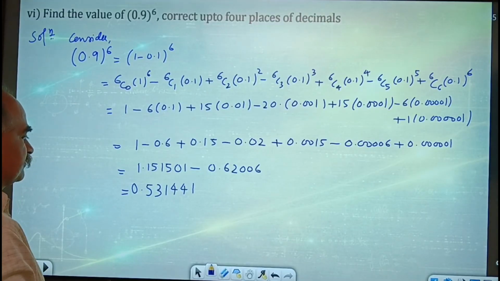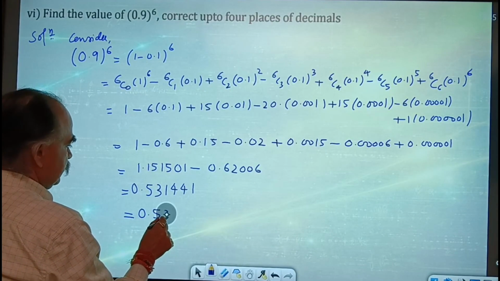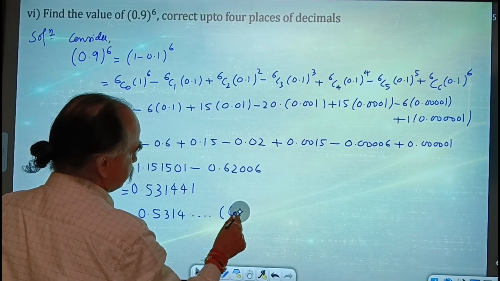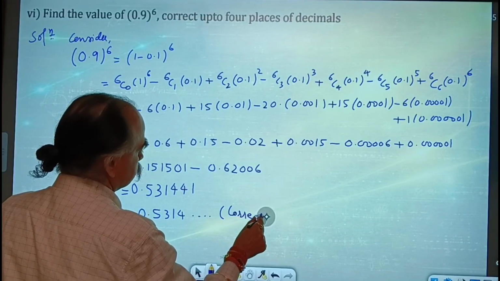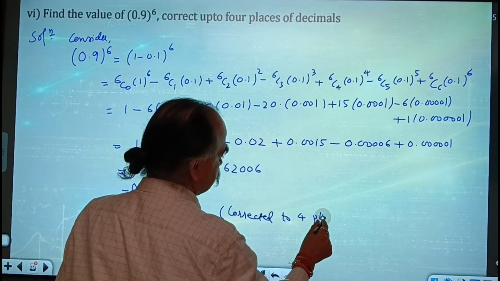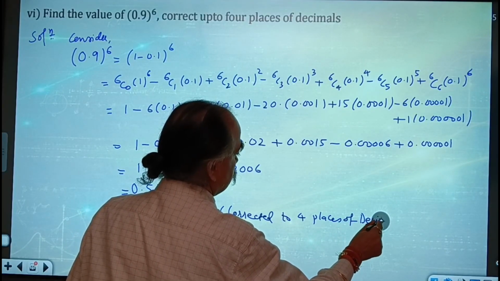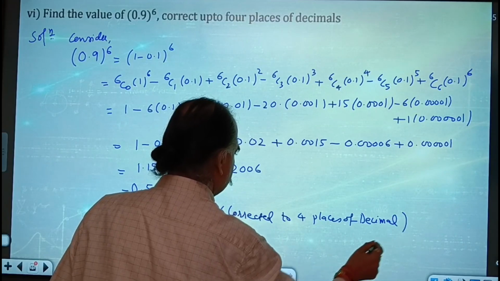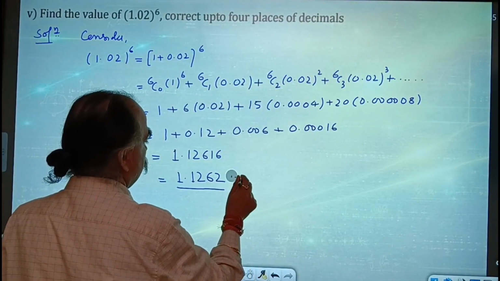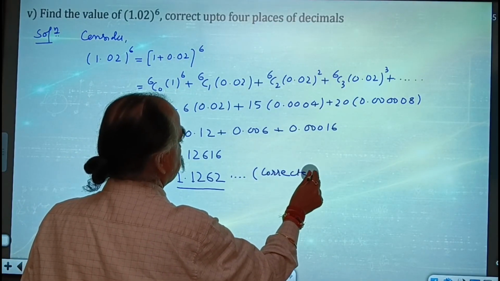We have to correct up to 4 places of decimal, so 0.5315, corrected to 4 places of decimal.